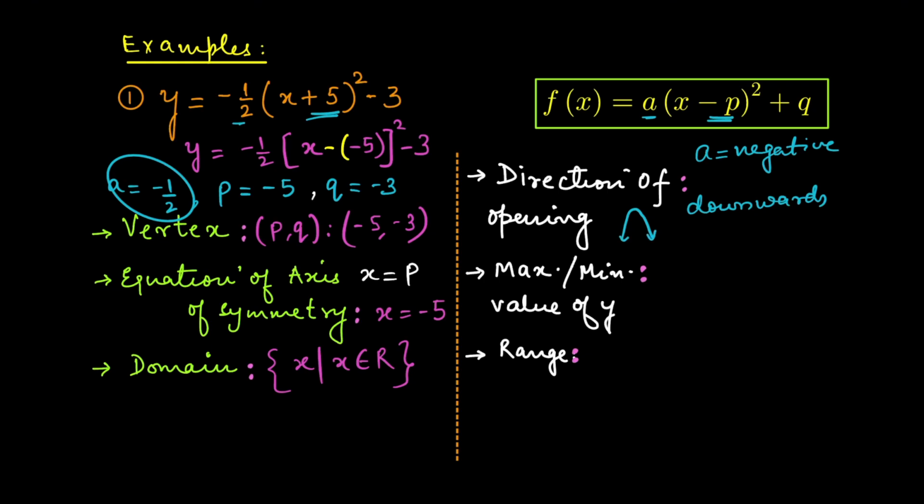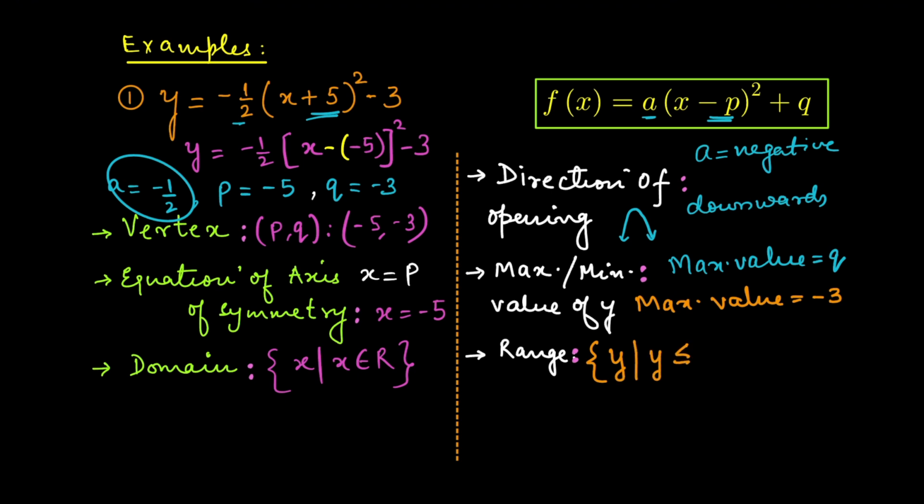Whenever it is downward, it's going to have a maximum value, and the maximum value is q. As per the question, q is negative 3, so the maximum value is minus 3. Range: since we say maximum, y is less than or equal to minus 3, and y is an element of real numbers.